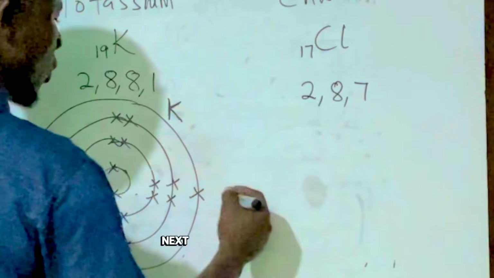So this is 2, 8, 8, 1 for potassium. This is 2, 8, 7 for chlorine. So you can just write it under. Because I was using this to explain, that's why I wrote it for you. So after you write it down there.